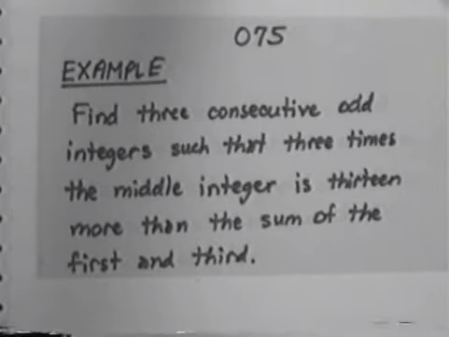Find 3 consecutive odd integers such that 3 times the middle integer is 13 more than the sum of the first and third.